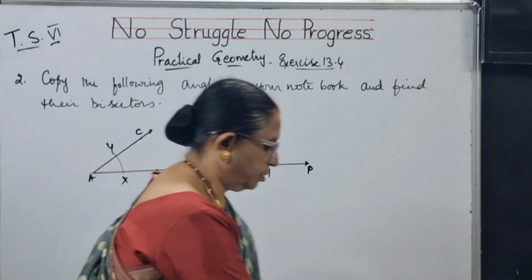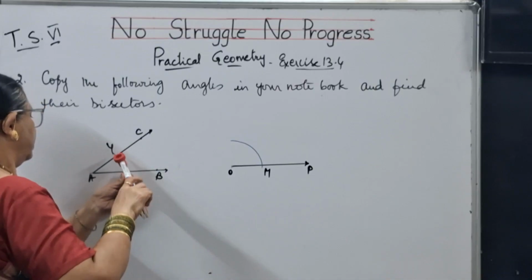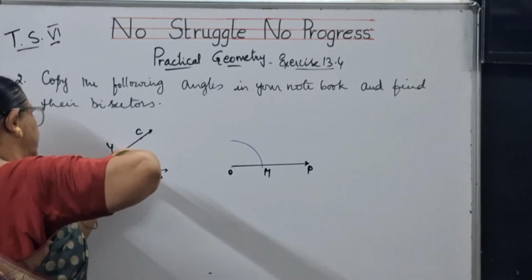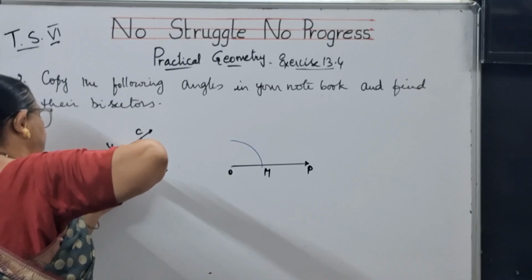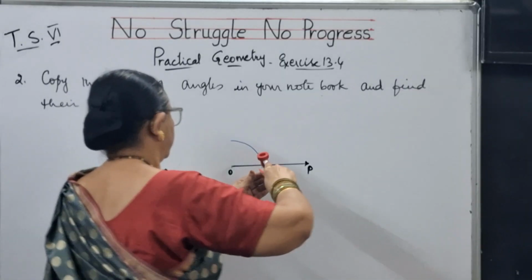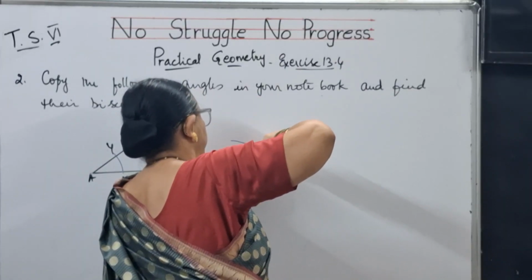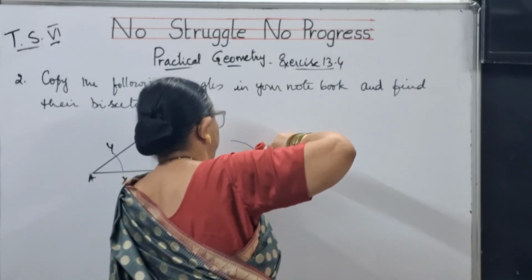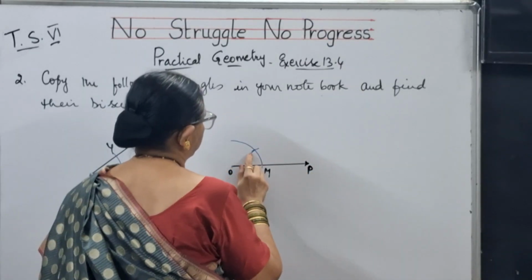Now M as a center and XY as a radius. This is XY. So what you have to do? M as a center and XY as a radius, you have to draw an arc like this.